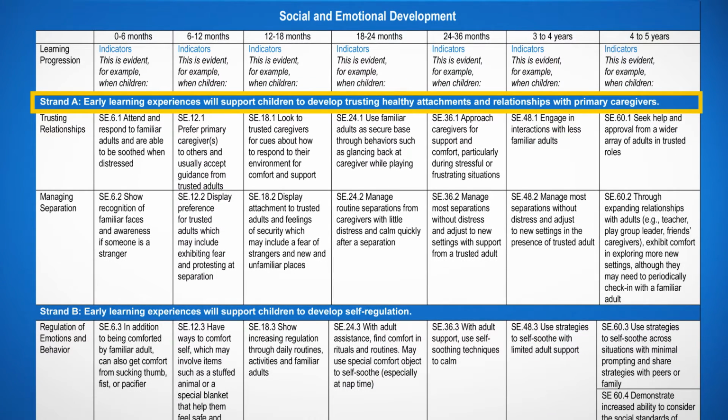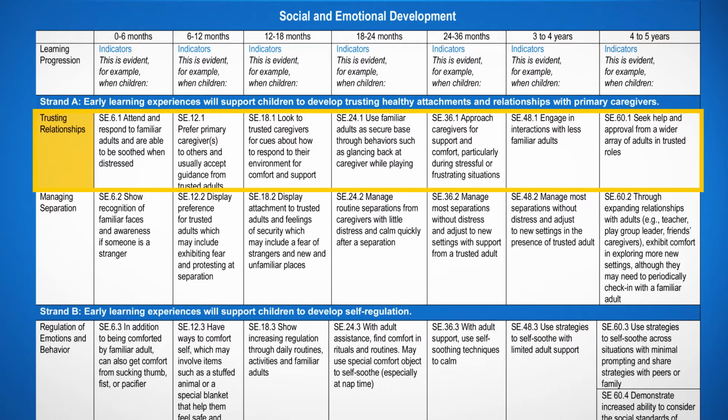Strand, subcategories within each domain. For example, the social and emotional domain includes 5 strands that address trusting relationships, self-regulation, understanding emotions, self-concept, and social relationships.